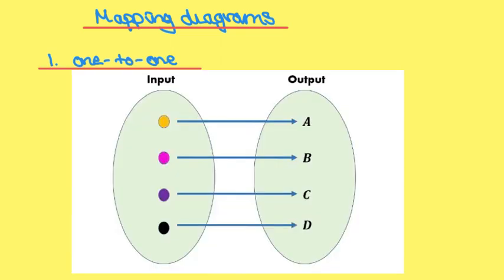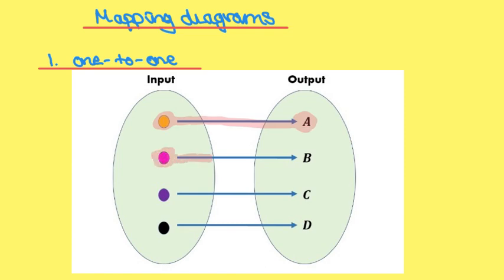Now let's move on to mapping diagrams. The first one is a 1-to-1 mapping. In a 1-to-1 mapping, each input only maps to one output.